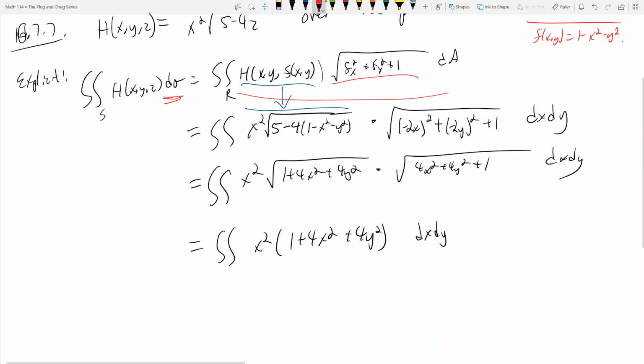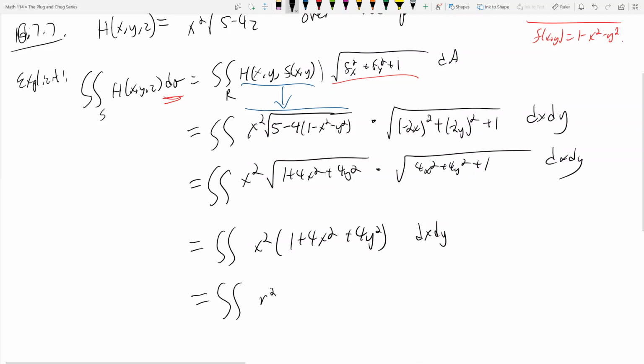Everything is an x or a y or a function of x, y. So only when you go from dx dy to polar do you have to add the r.